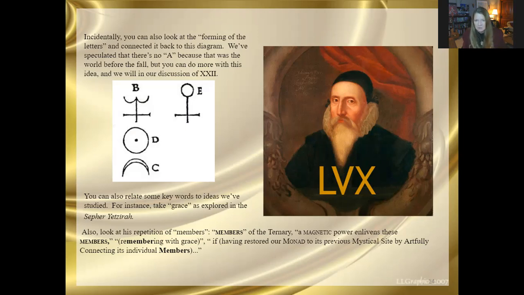It was impregnating herself with his phallus, and then he's reborn as her son. So Dee in this theorem repeats the word members over and over. We have members of the ternary, a magnetic power enlivening these members, remembering with grace, or having restored our monad to its previous mystical site by artfully connecting its individual members.